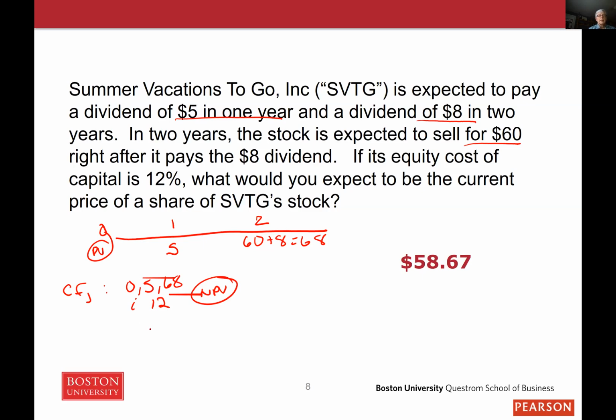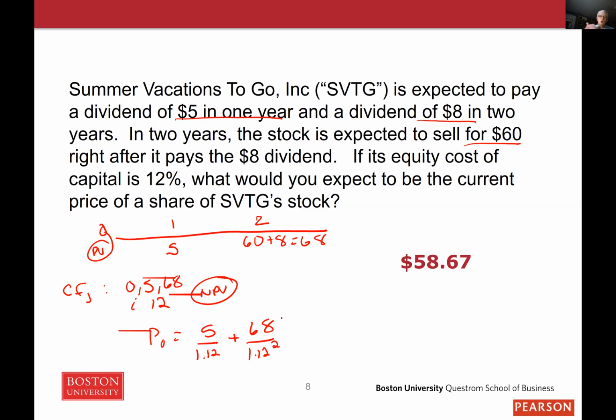You could say that the price equals 5 divided by 1.12 plus 68 divided by 1.12 squared. To Matt's earlier question, that's using the formula.